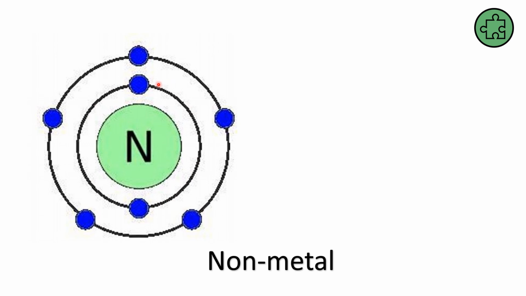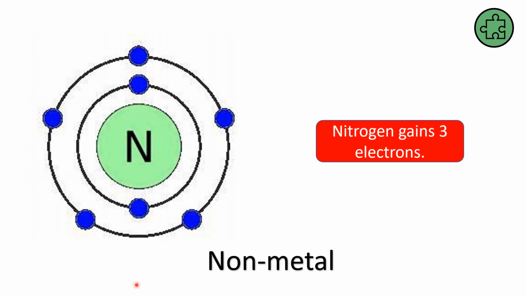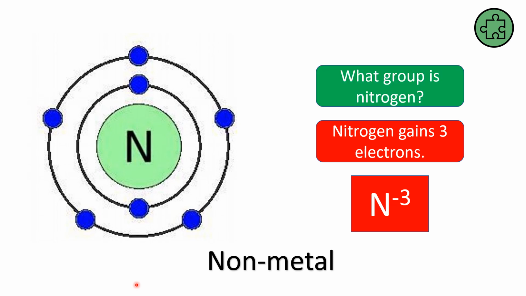This time it's going to be easier to try to find 3 more. It's going to gain 3 electrons, and therefore this non-metal will have a -3 charge. But because I know it's in group 5, because it's got 5 electrons in the outer energy level, it also means that anything else in group 5, because they all have 5 electrons in the outer energy level, will form a -3 charge.